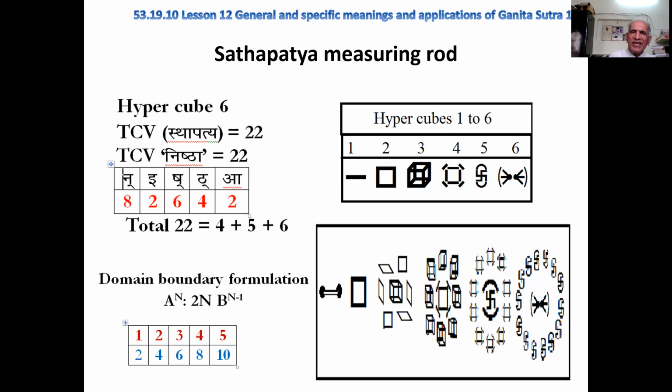Now, see, the formulation Nishtha is a composition of 5 letters, and their TC values are 8, 2, 6, 4, 2.